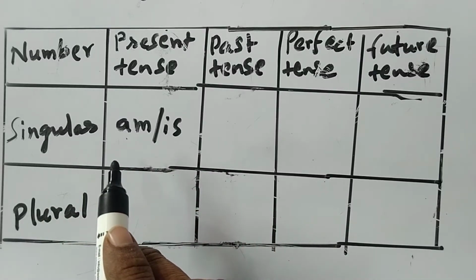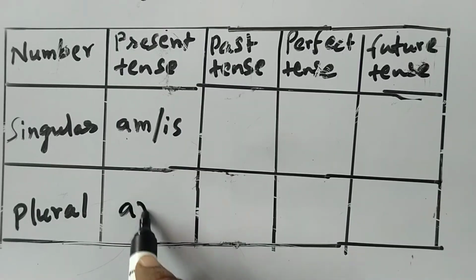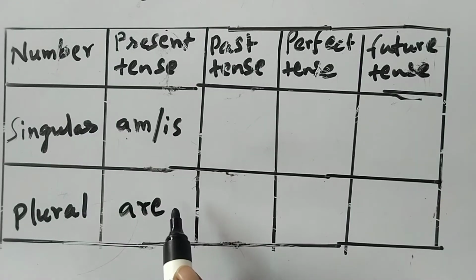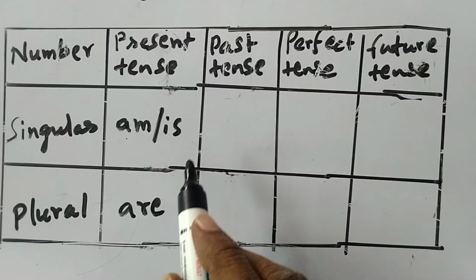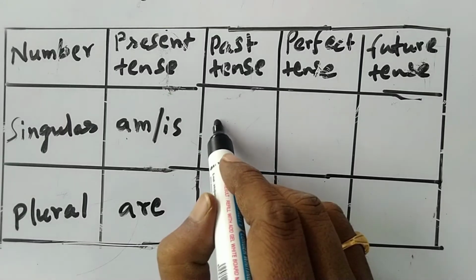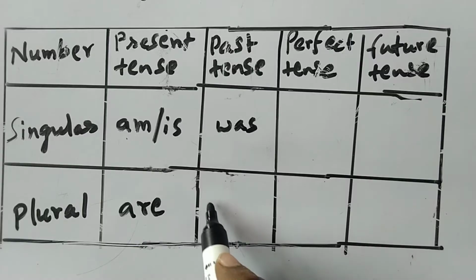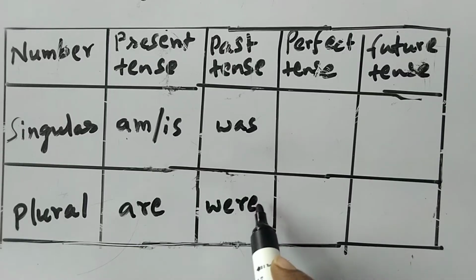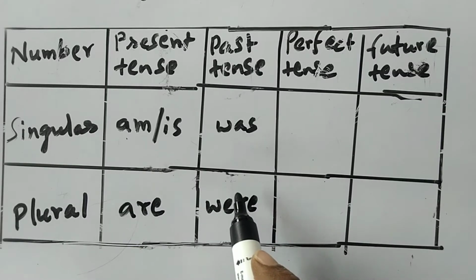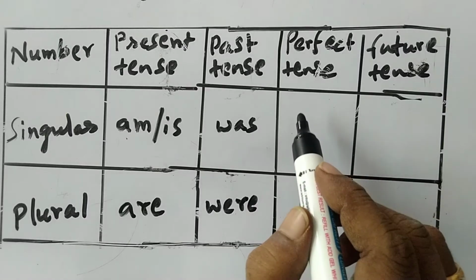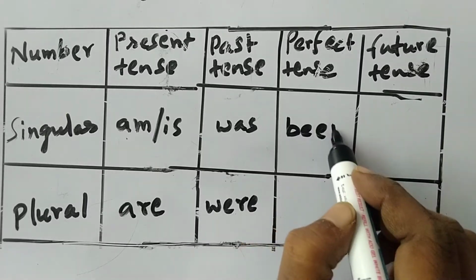Otherwise, if the subject is plural, we have to take are. In past tense we take was when the subject is singular, and when the subject is plural, we take were. In perfect tense we take been.